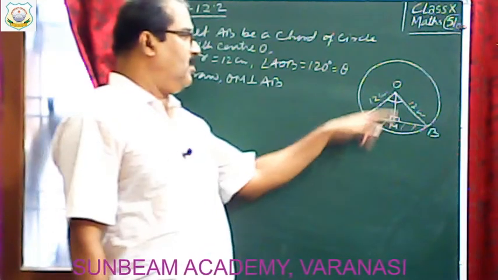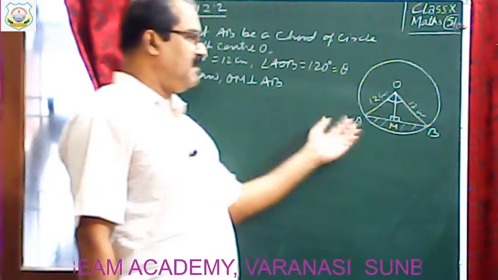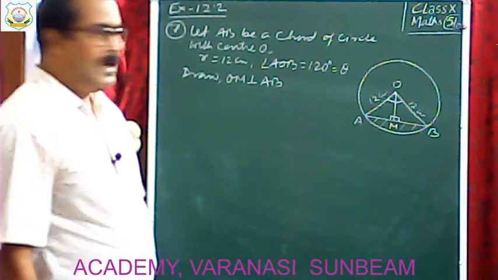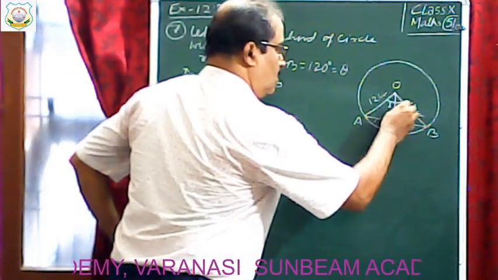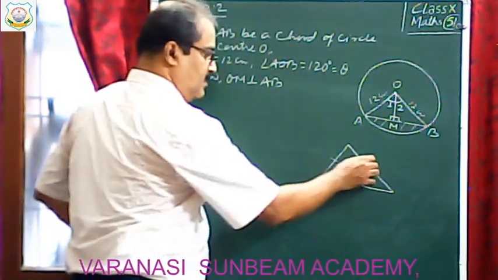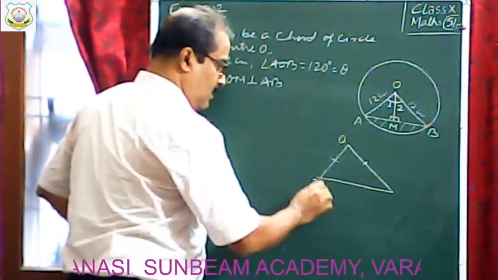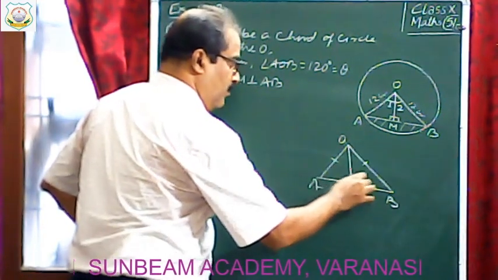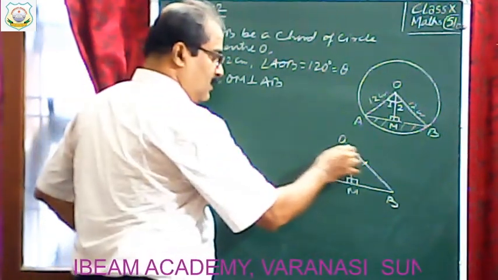If we draw perpendicular from vertex to the base of an isosceles triangle, then it bisects the base as well as the vertical angle.